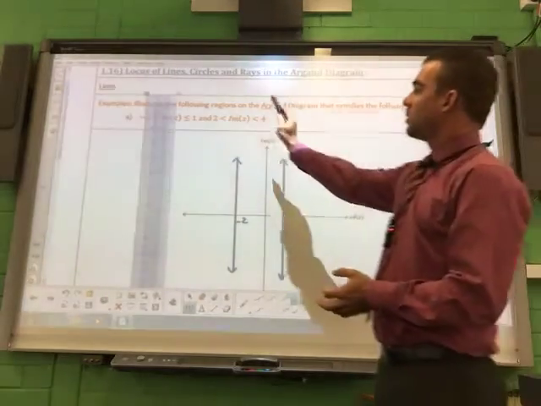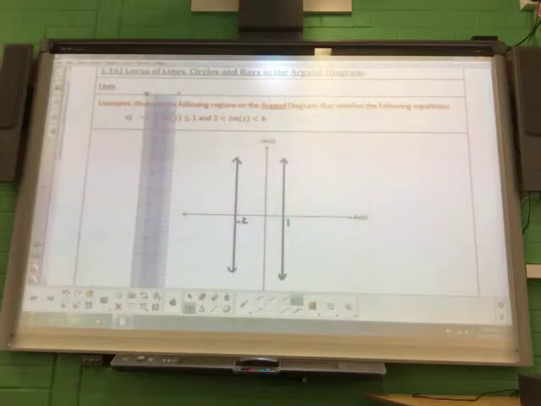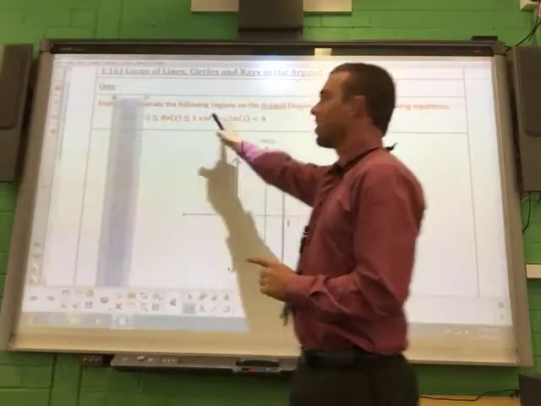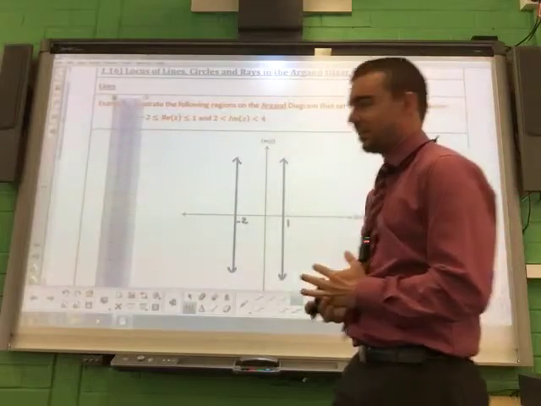Alright, and 2 is less than the imaginary part of z, which is less than 4. So what are they going to look like? Now the difference is, this is the less than or equal part, this is just the less than. So how do I distinguish between those two lines? Okay, good.